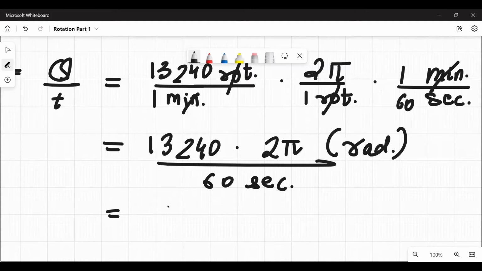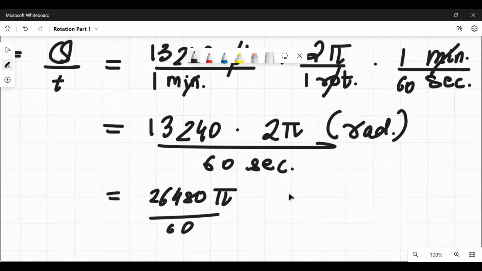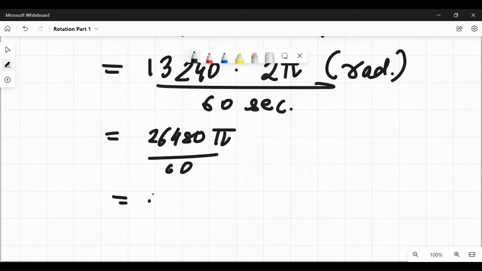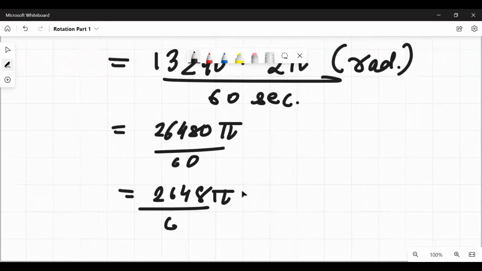So 13,240 times 2 gives us 26,480 pi over 60, and it's fairly good to keep it this way for now. We can just condense it down to 2648 divided by 6, times pi right here.